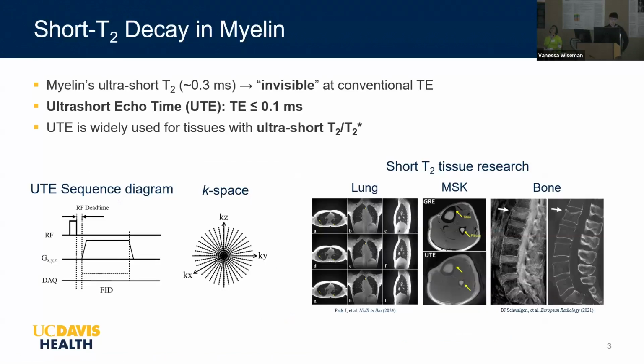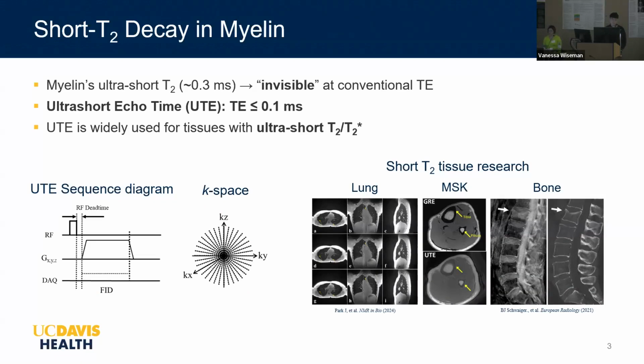But myelin imaging is challenging because myelin has an ultrashort T2 of about 0.3 milliseconds, so conventional MRI cannot capture this signal. However, UTE can acquire ultrashort T2 signal because UTE can set the TE under 0.1 milliseconds.